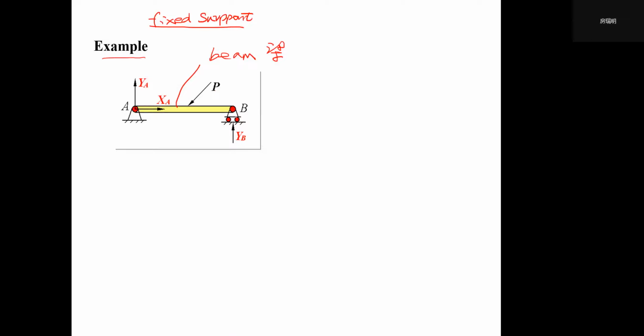And this is a roller contact, or roller support. That means it's along this beam. It can move along the X direction, but it cannot move along the Y direction.